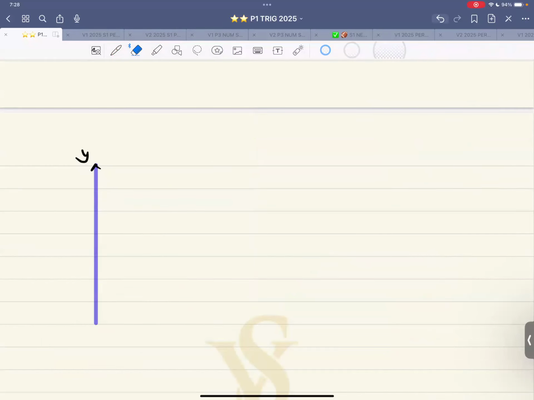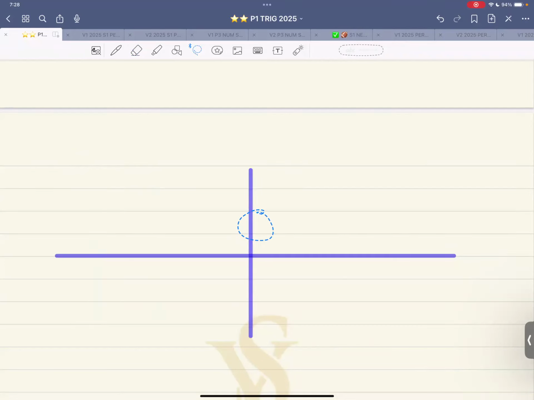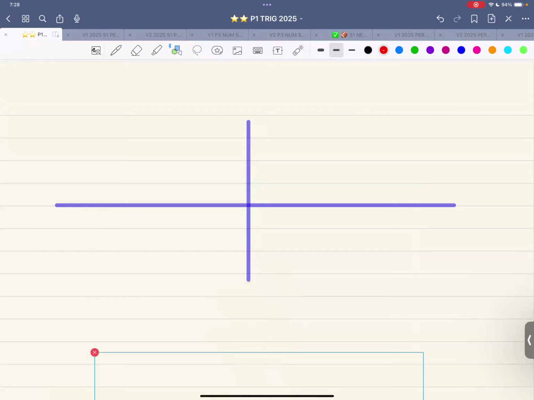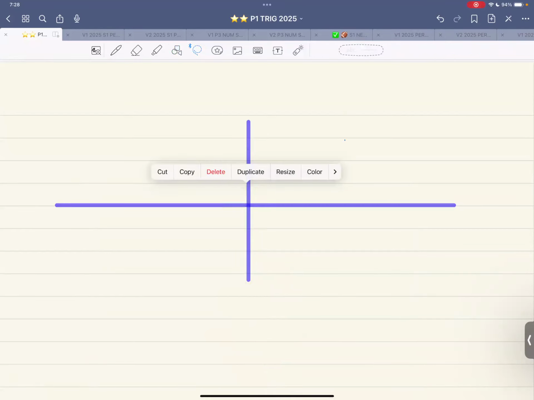Let me pull this thing in the middle. Now what I can do is draw a small scale graph and copy this thing. Let me draw a bigger line over here.